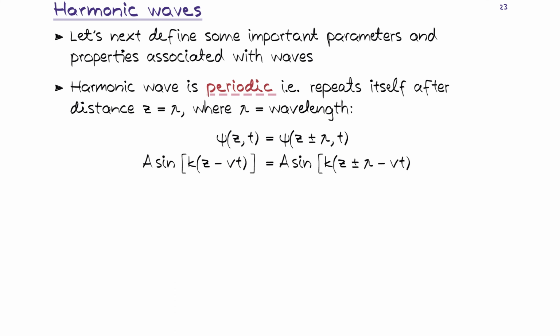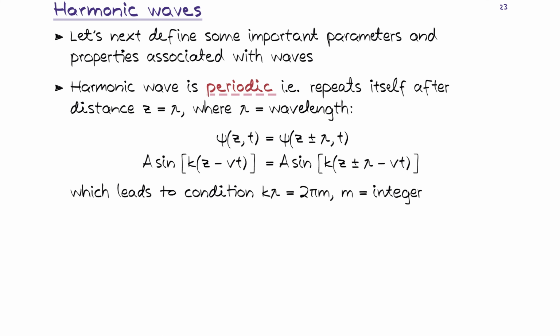We have the A's on both sides, so we can cancel them, and we have the two arguments inside the sines. Essentially, we can let t be equal to 0. We have a condition that k, the propagation constant, times lambda, the wavelength, must be an integer multiple of 2 pi. So m here is an integer.